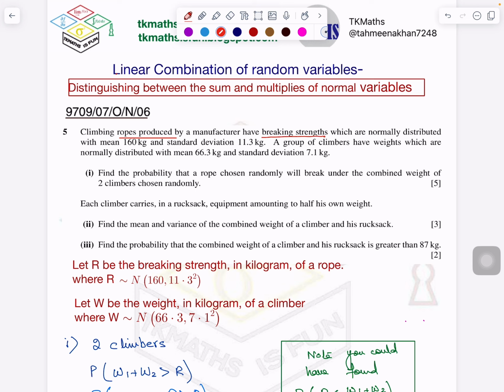The normal distribution of these ropes is 160 kg mean and standard deviation 11.3, which I have written here in distribution form. Then he's talking about a group of climbers' weight, which is also normally distributed with mean 66.3 and standard deviation 7.5, and I have written it here also.